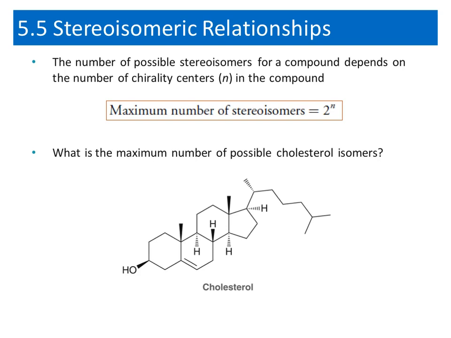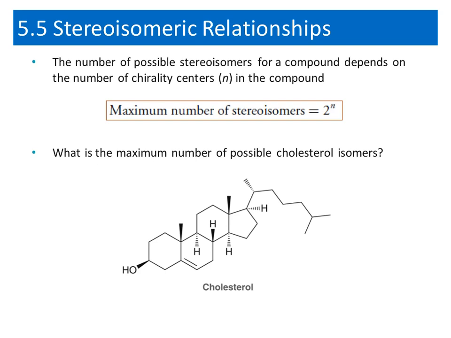There is an easy calculation that I talked about before. You can use that calculation to know how many stereoisomers you can draw for a single compound depending on the number of chirality centers. The maximum number of stereoisomers can be calculated using the 2 to the power of n formula, where n is the number of chirality centers.